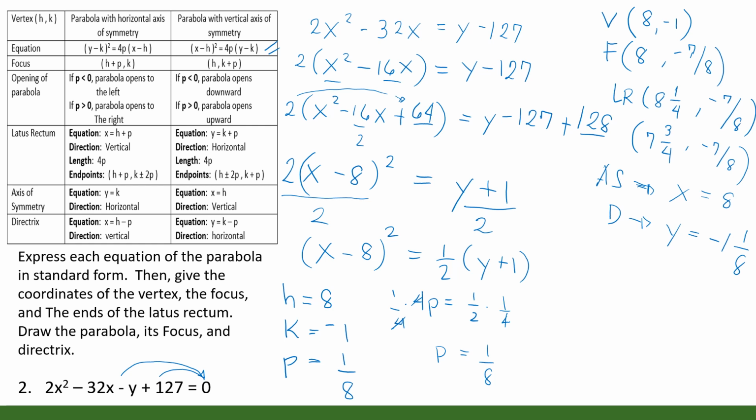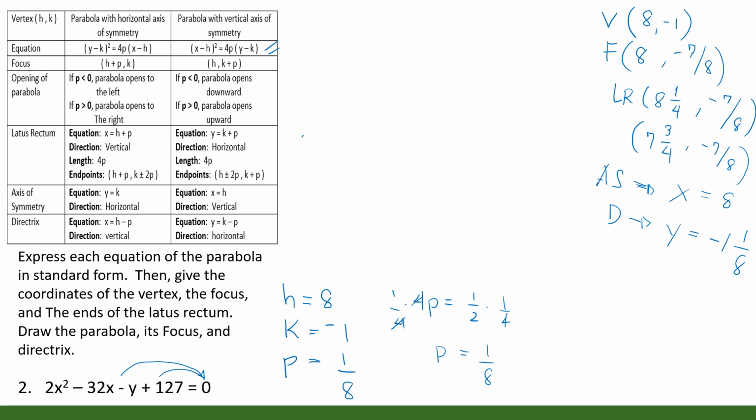So now let us draw the graph of this. Draw a Cartesian plane. Vertex 8, negative 1. So 1, 2, 3, 4, 5, 6, 7, 8. The negative 1, here it is.